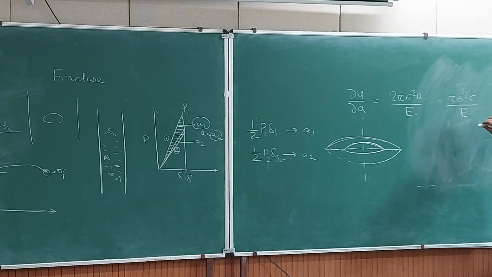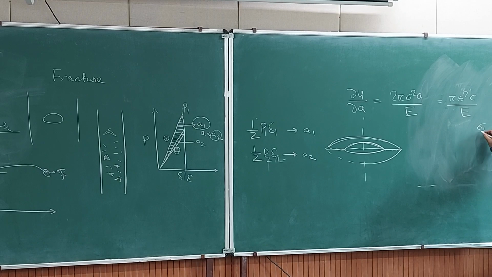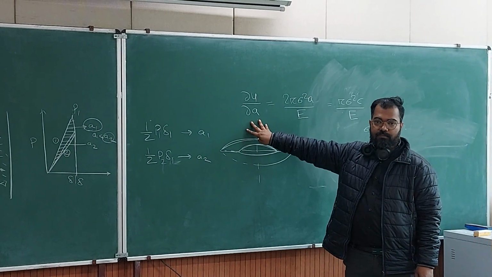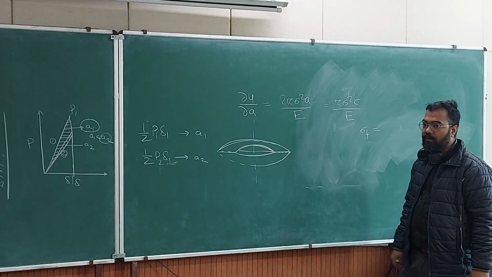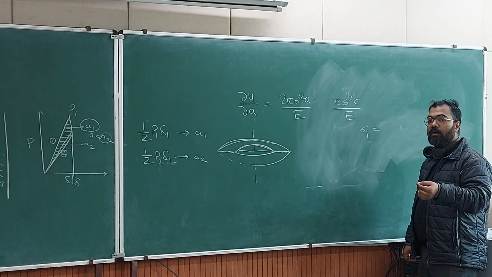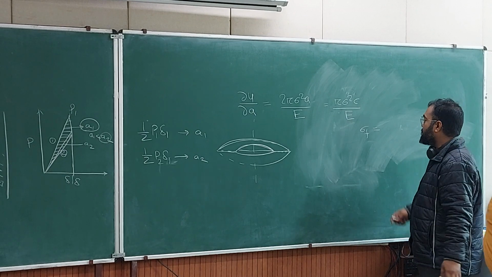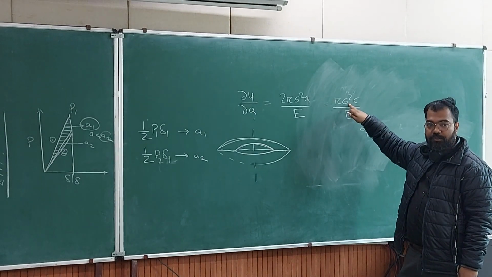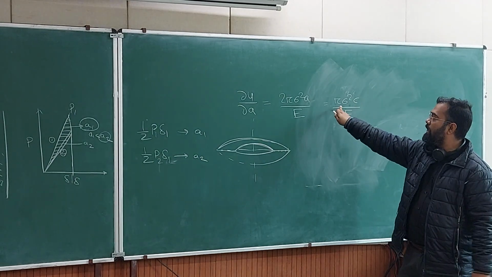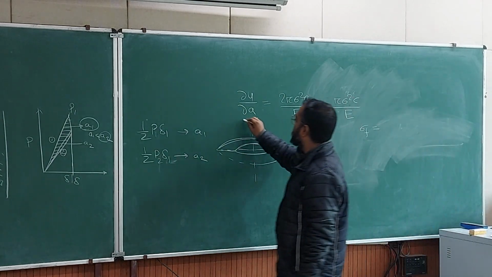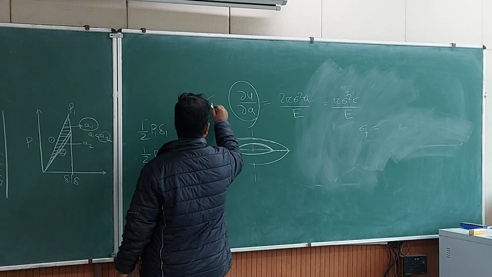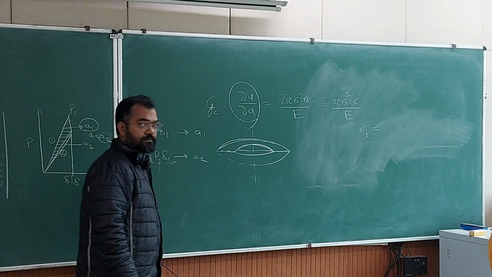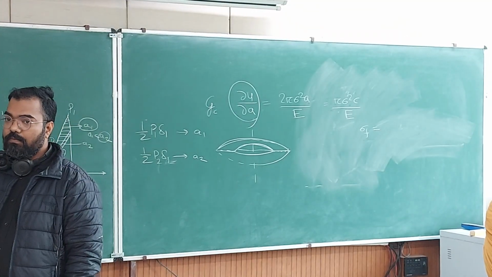Okay, and then from this you can say that for fracture you need a critical value of this, right? A critical value of the rate of energy release per unit crack length. And when will that happen? When the fracture stress is reached. Okay, so that you can calculate from this. So this is designated as G, and the critical value of this becomes GC. G because Griffith.